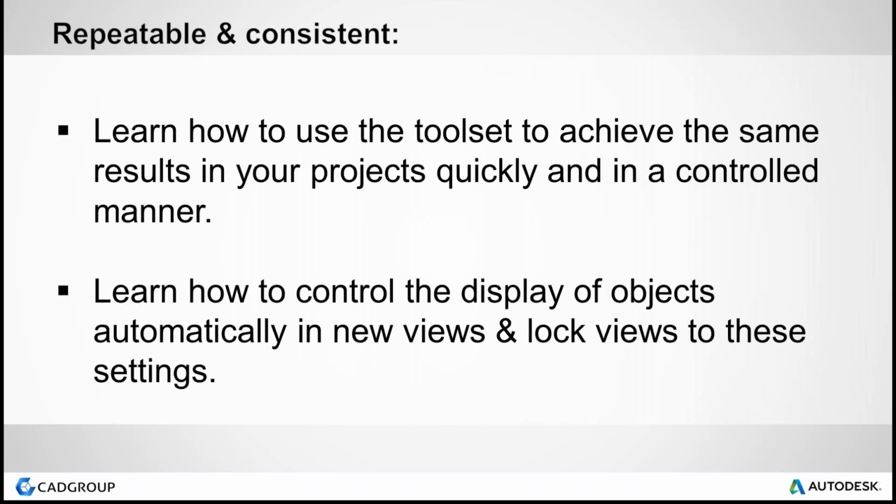And so we'll be looking at how you can use the tool sets inside Revit to organize your views efficiently, whether that be being able to see them in the project browser properly without just having a whole big pile of drawings there, and also looking at how to set up new views quickly and apply view templates and so forth to these new views that you're creating, so that you're actually locking views to a preset visibility graphics.